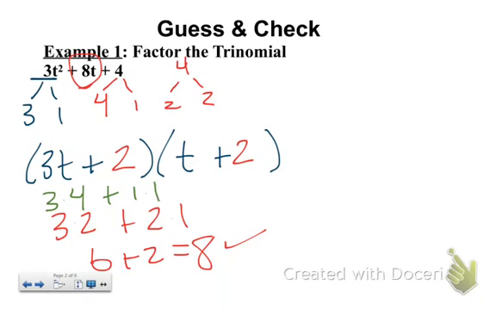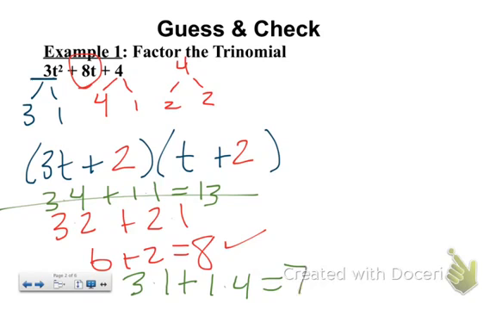Well, 3 times 4 is 12, plus 1 is 13, so that's not it. Or it also could be 3 times 1 plus 1 times 4. Well, 3 times 1 is 3, plus 4 is 7, so that's not it either.